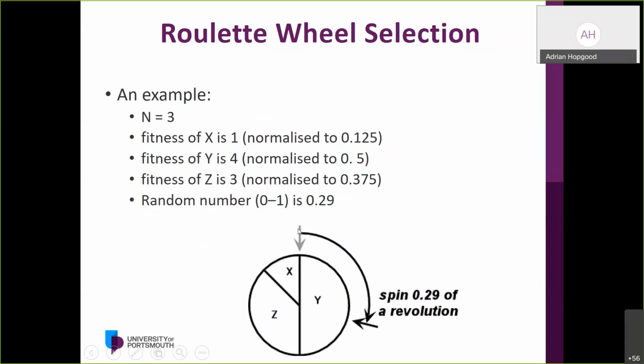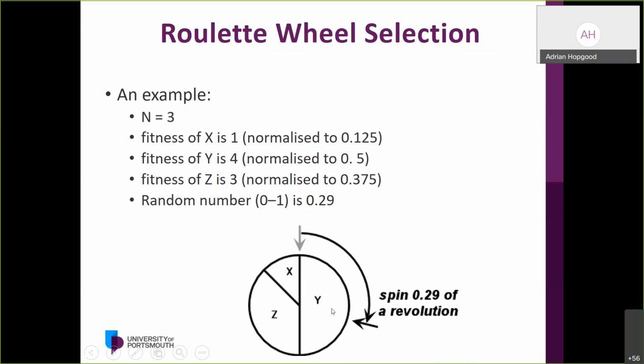You distribute a share of the roulette wheel according to that fitness. So X, having the lowest fitness, has the smallest share. Y, being the fittest, has the largest share. You then spin this kind of imaginary spinner according to a random number, and wherever it stops, that individual is selected for reproduction.